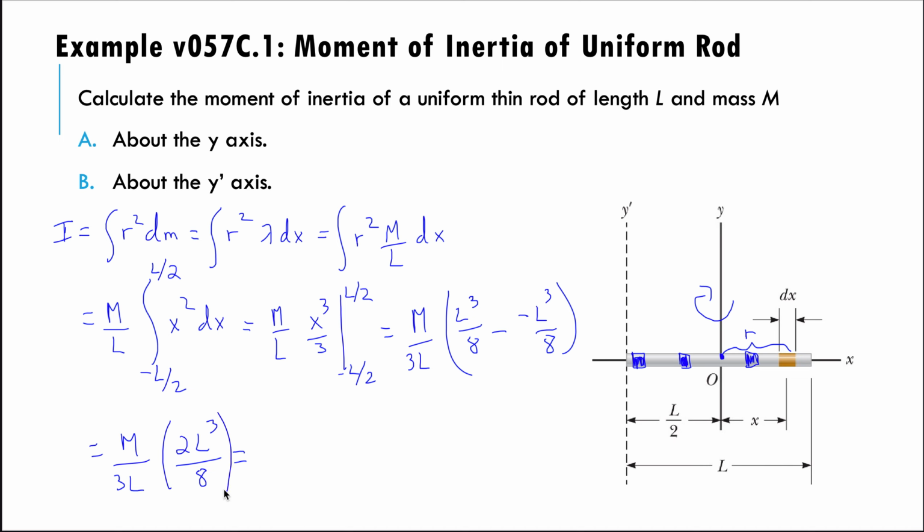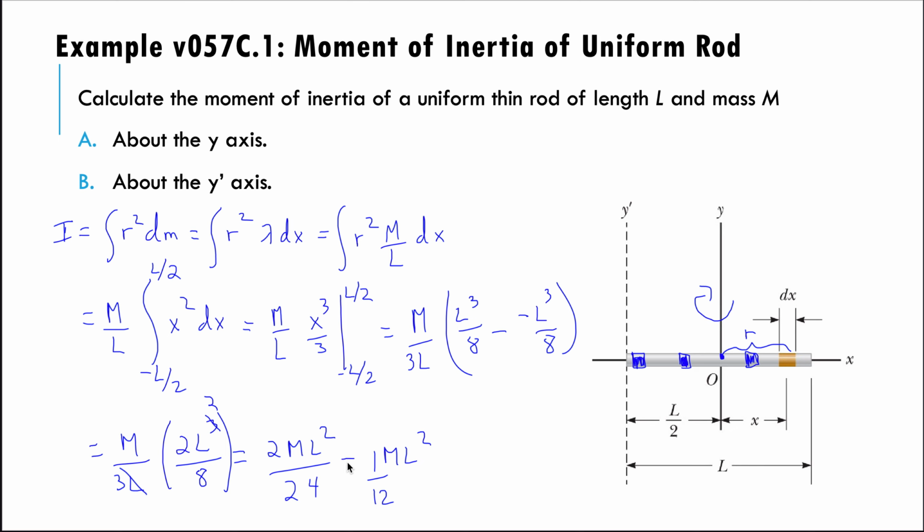We can cancel out one of the L's to get L squared here. We're going to get 2ML squared over 24, which is equal to ML squared over 12, or 1/12 ML squared.